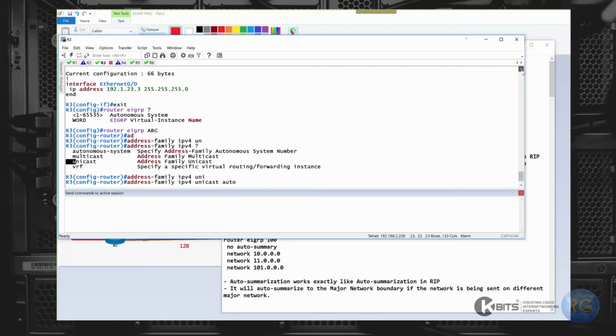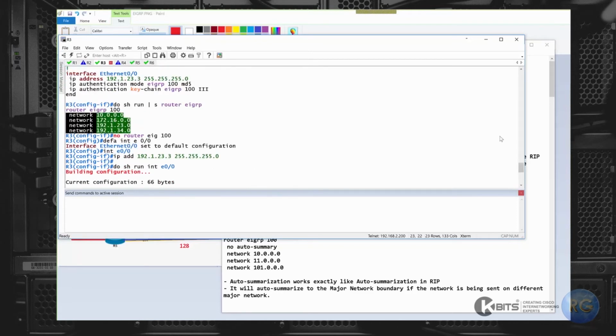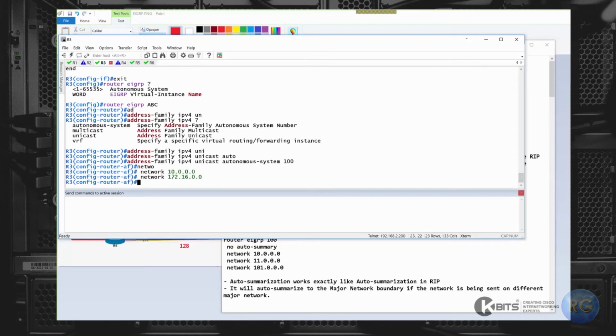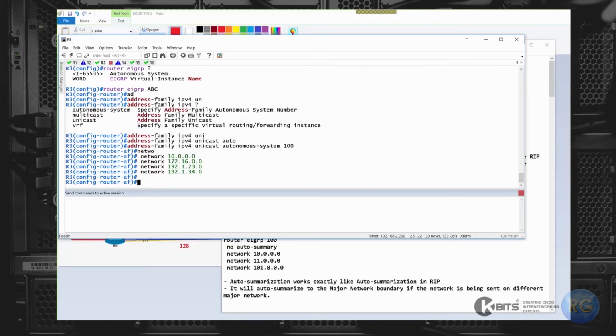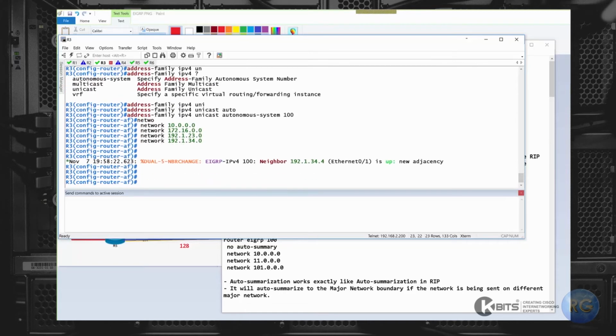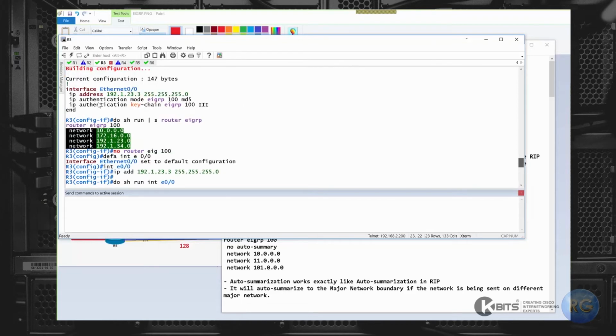That's why I did this. All right. Notice my neighbor relationship with R4 went up, but not with R2. The reason is it has authentication. So far I've done my network statement already. The stuff that I had to do under router EIGRP is taken care of.